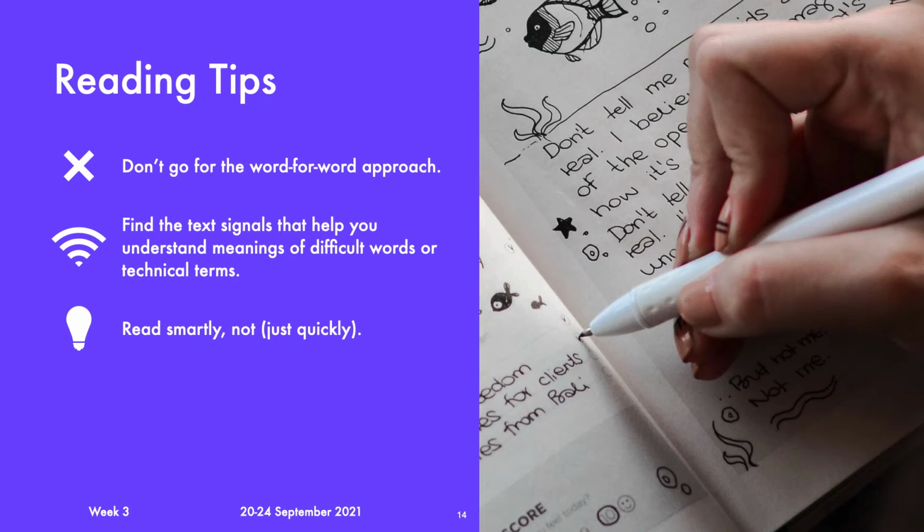But you are going to look for a particular place in the text for the information you want. As I told you last week, it may be the topic sentences, it may be the concluding sentences, and you may find the same when you read this article. So read smartly, ladies and gentlemen.